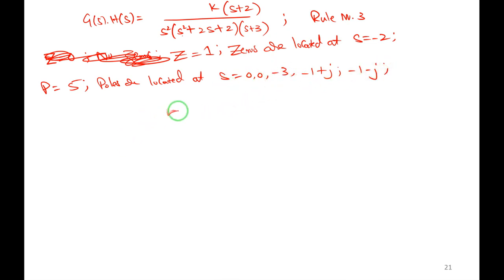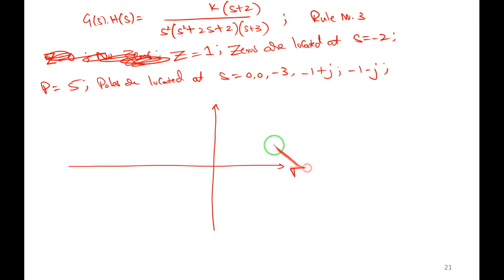Let me locate these roots. Sigma j omega. Let me change the ink color. You can also make use of colors in the exam, no problem, right? Okay, let me look at the poles. 0, 0. One pole and another pole are located at the same place, so I am making a double mark here. You should identify it. Don't draw it thick, right? There are 2 poles located at 0.